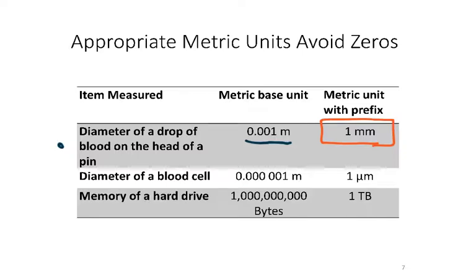So a millimeter is 1,000th of a meter. Going smaller, the diameter of a blood cell is 0.000001. And that's hard to keep track of. Notice sometimes you put a space every 3 decimals to help us see the spacing, but it's still hard. I would much rather say 1 micrometer.